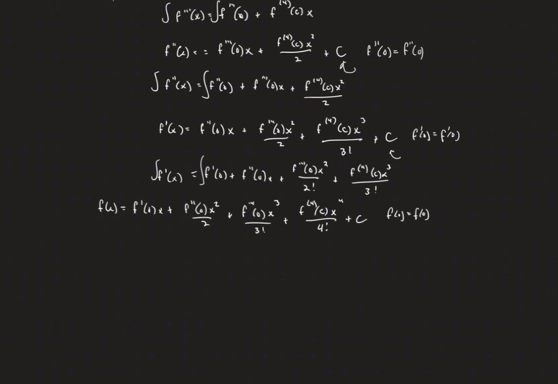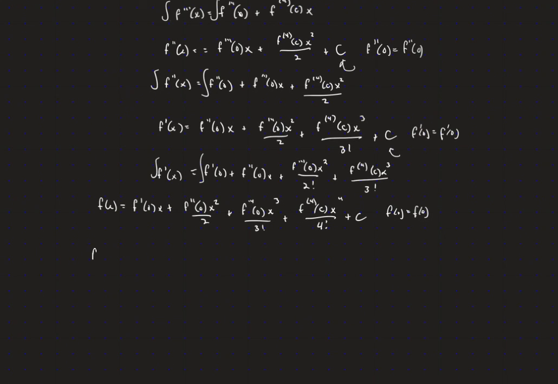And so we will say that f of x is f of 0 plus f prime of 0 times x. This is looking just exactly like our Maclaurin series, which it is. Whoops, that's x squared over 2, and 2 is 2 factorial. Here's our third derivative at 0 times x to the third over 3 factorial.